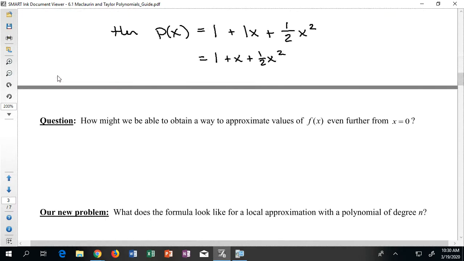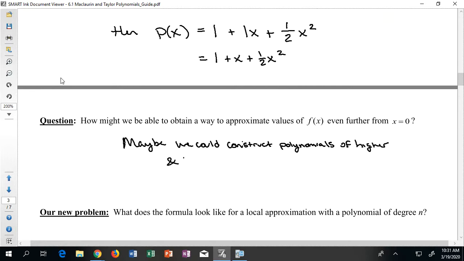And so the question would be, well, maybe we could construct polynomials of higher and higher degree. That seems like would be a perfectly reasonable way to maybe try to work with something like this.